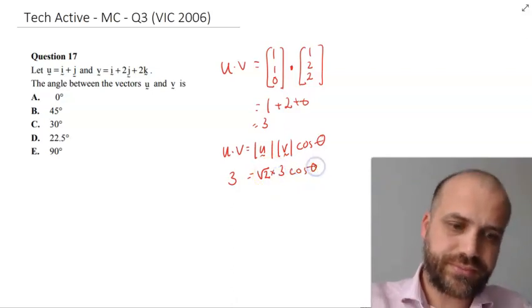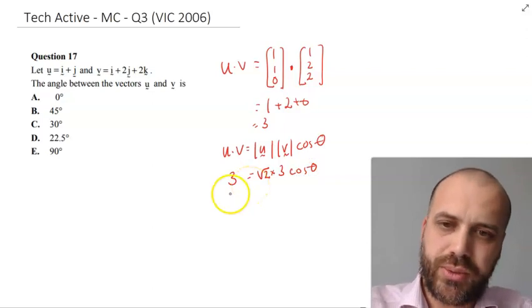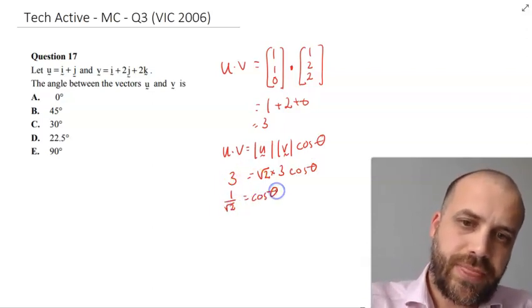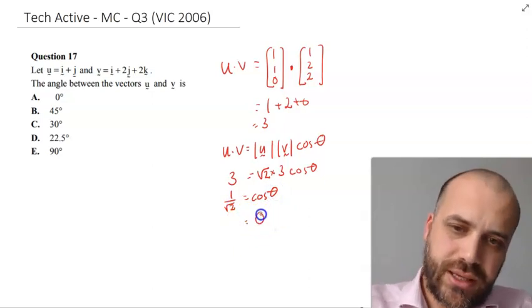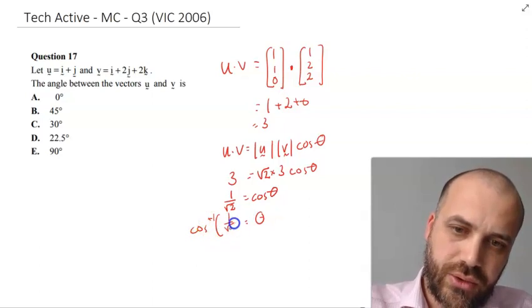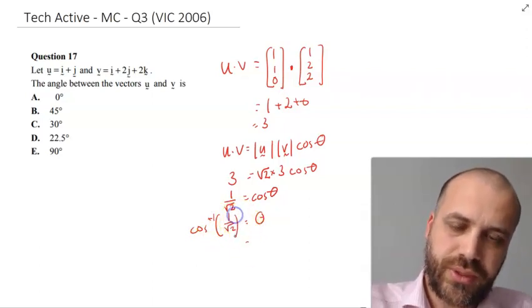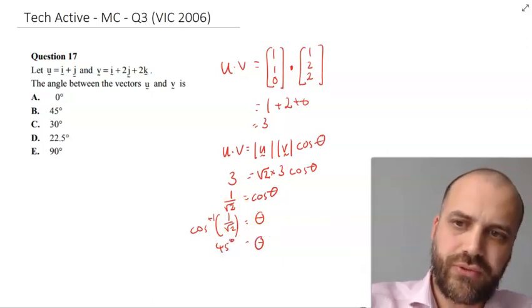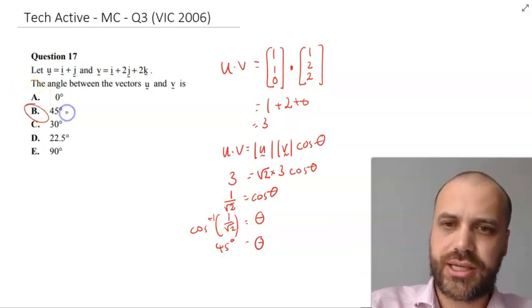Cos theta. Now if we rearrange that, we get 1 on root 2 equals cos theta, and we can say that theta is equal to the inverse cos of 1 on root 2, and you should know that that means that theta is equal to 45 degrees, which makes my answer B.